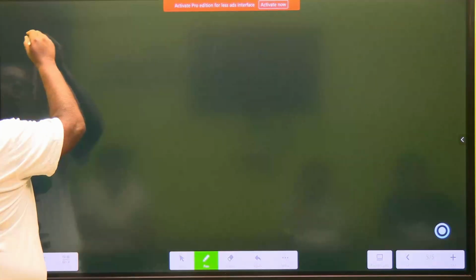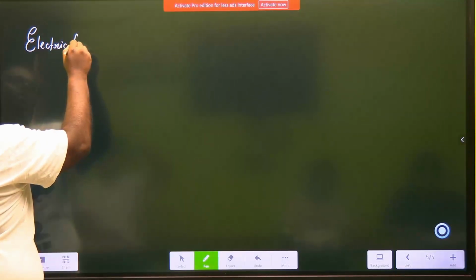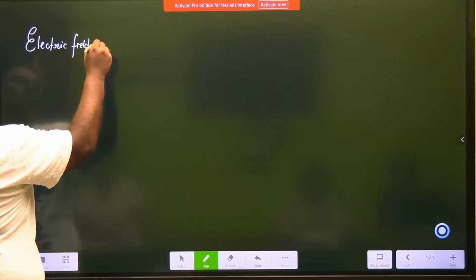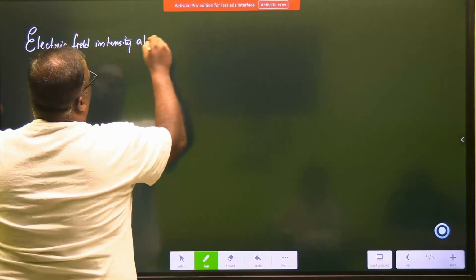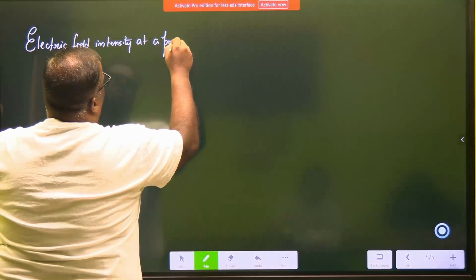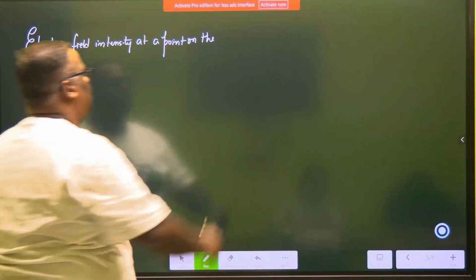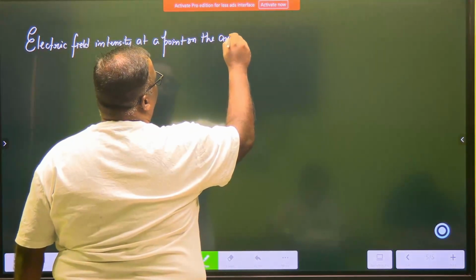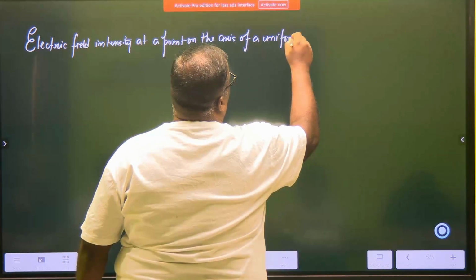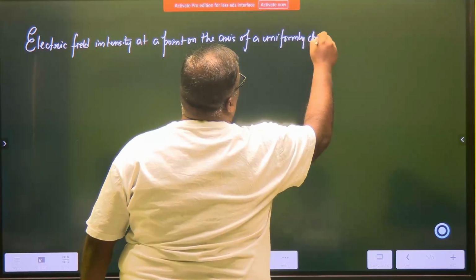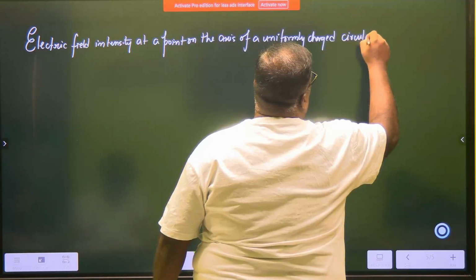So we are going to do a derivation for electric field intensity at a point on the axis of a uniformly charged circular ring.